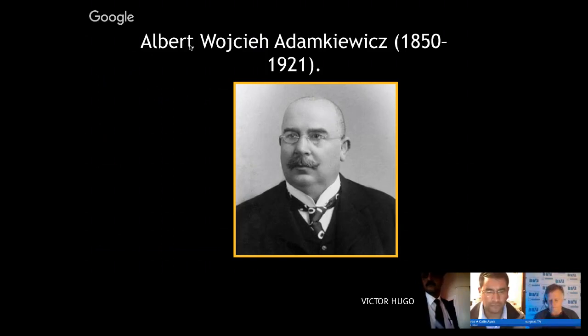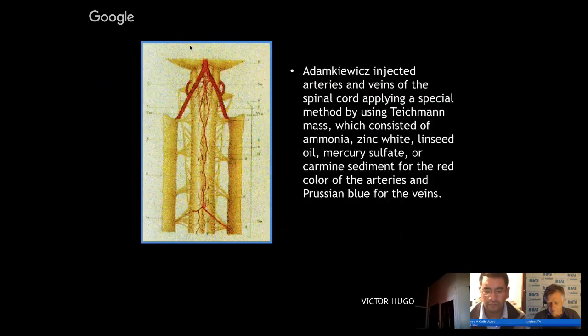As you know, Albert Adamkiewicz was the first to inject some veins and arteries of the spinal cord, applying a special method using Teichmann mass, which consisted of ammonia, zinc white, linseed oil, mercury sulfate, or carmine sediment for the red color of the arteries, and Prussian blue for the veins.